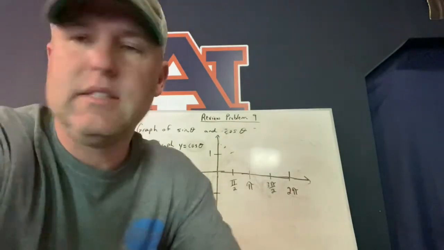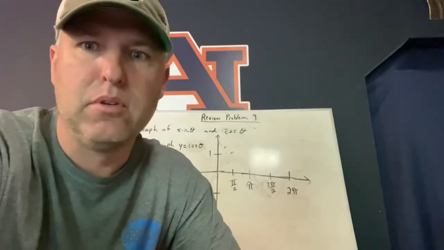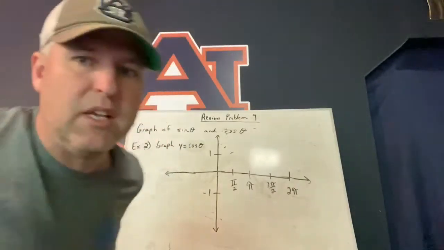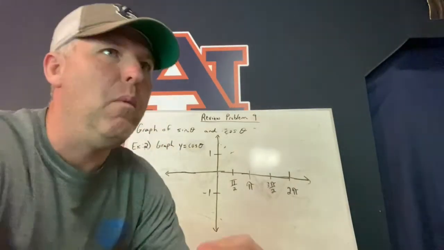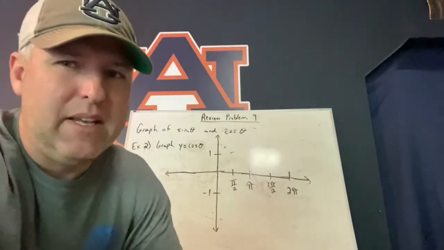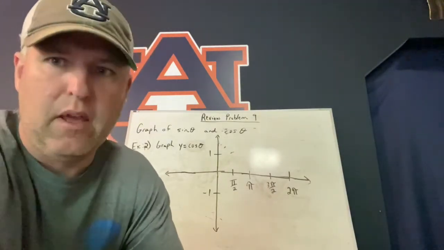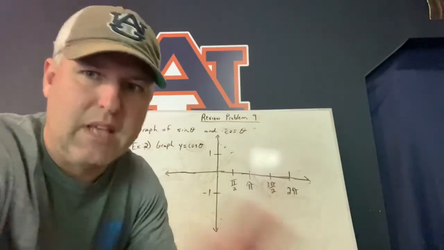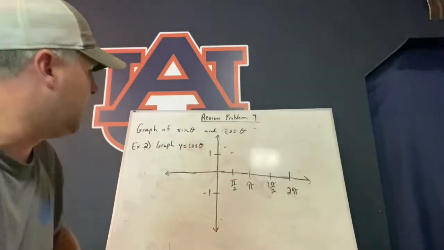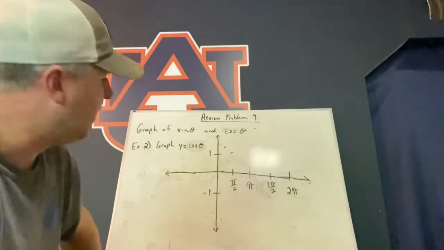So that's what we're going to have to be able to see and describe. I just want you to see the basics, and then you can recognize, well, it can't be sine, so it's got to be cosine. Or it can't be cosine, so it's got to be sine, so I've got 2 choices now. And then hopefully you'll be able to figure it out from there.